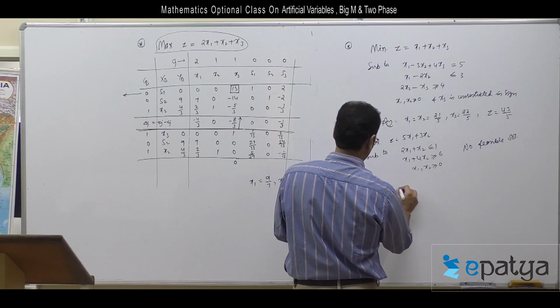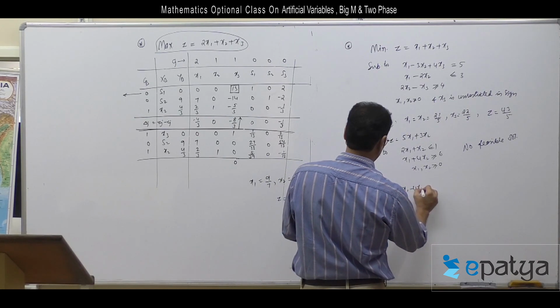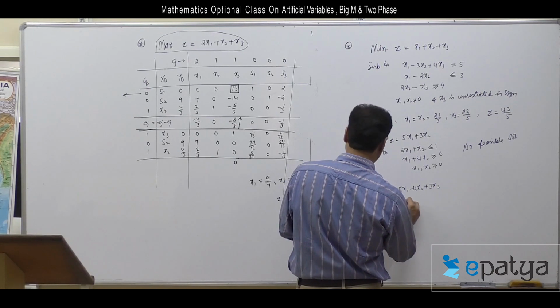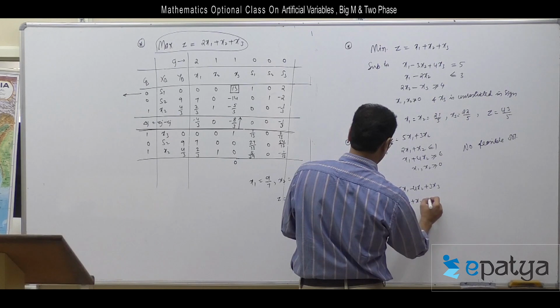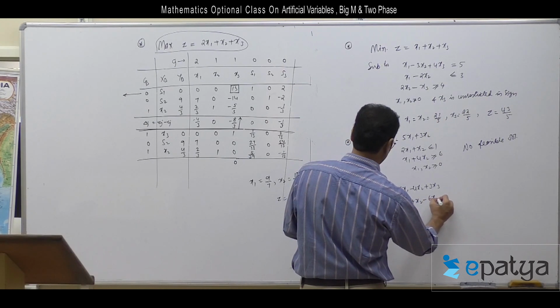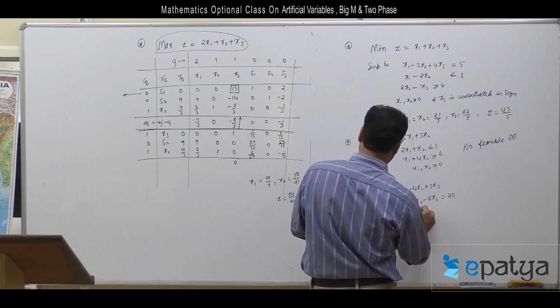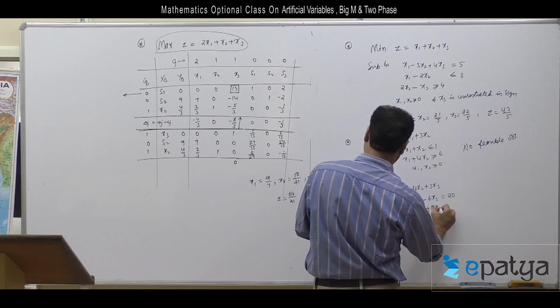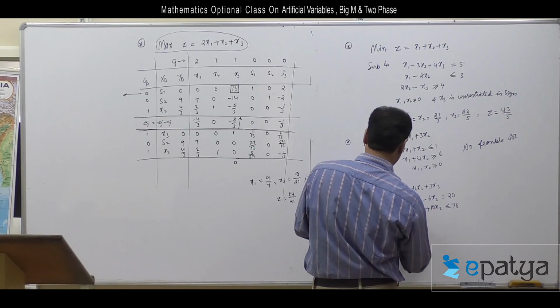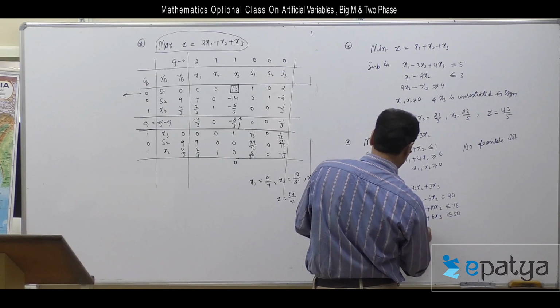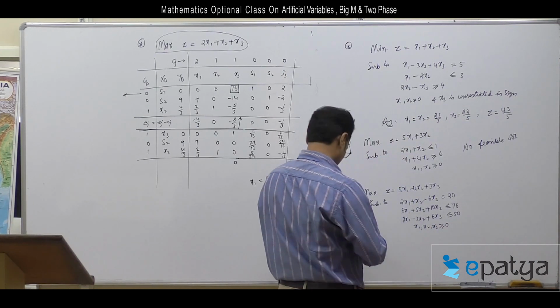Maximize z equal to 5x1 minus 4x2 plus 3x3 subjected to constraints 2x1 plus x2 minus 6x3 equal to 20, 6x1 plus 5x2 plus 10x3 less than or equal to 76, 8x1 minus 3x2 plus 6x3 less than or equal to 50, x1 comma x2 comma x3 greater than or equal to 0.